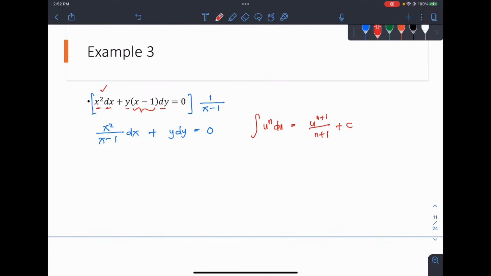But the x squared over x minus 1 is a rational function, and it is an improper fraction.